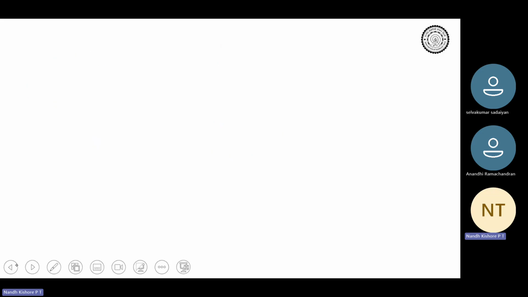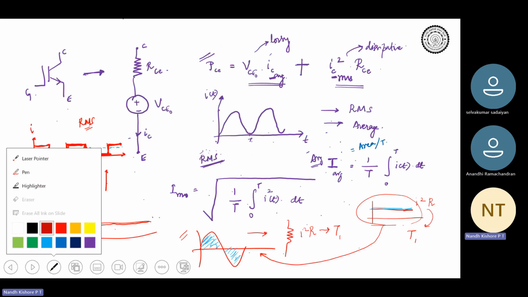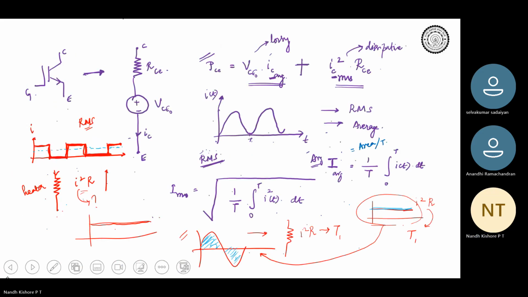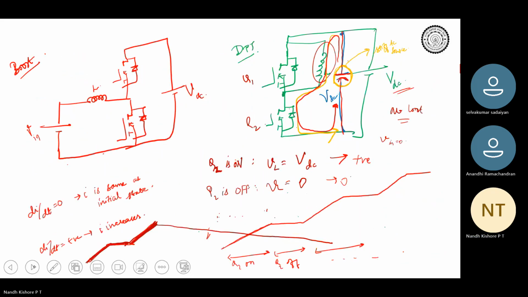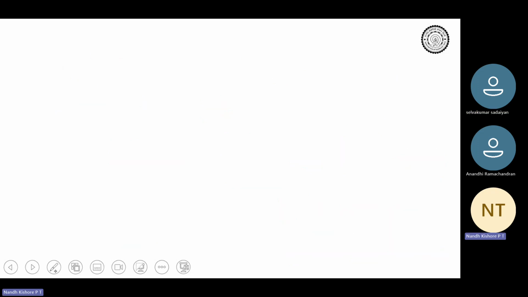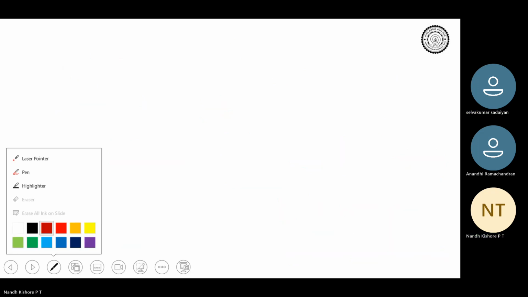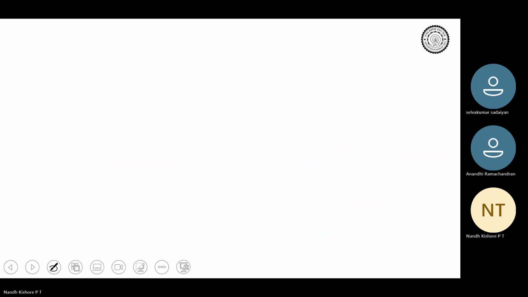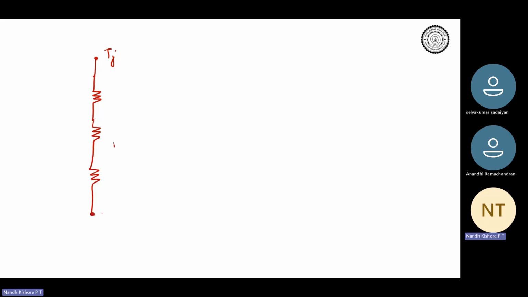Oh, it got erased off. This is your Tj, and this is your ambient.